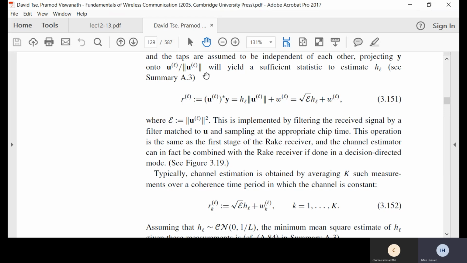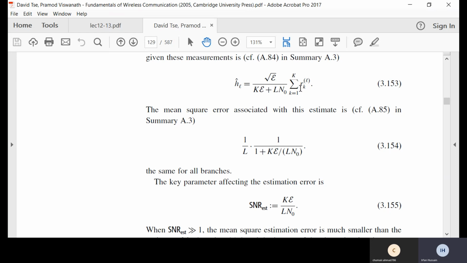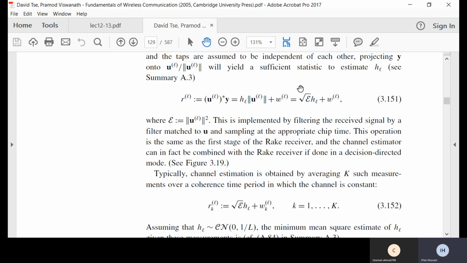So what we do, we calculate this value of the received signal for k snapshots. So we have a total of k snapshots, and from those k snapshots we will try to apply estimation theory to get the value of HL. All right, this part we had done, but now how to get this equation? Its proof was remaining.